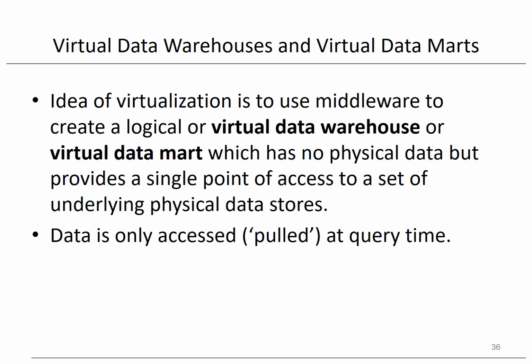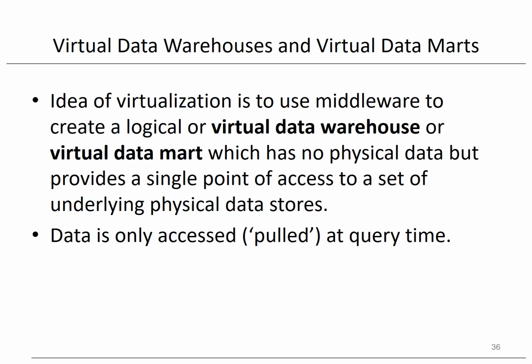A disadvantage of a physical data warehouse or data mart is that both consume physical storage and must be updated periodically. Hence, they never contain the most recent version of the data. One approach to deal with this is by using virtualization.